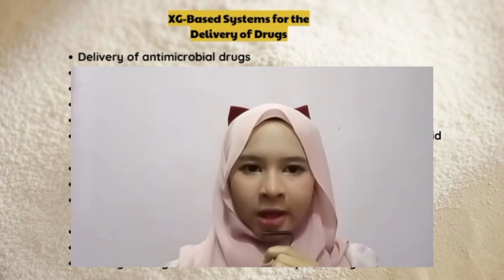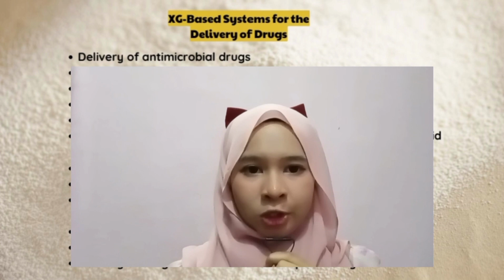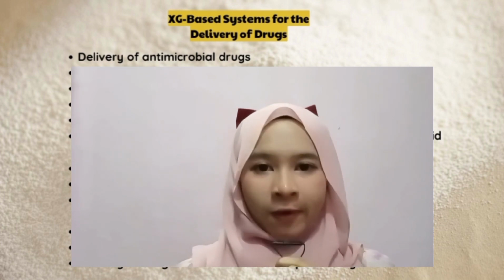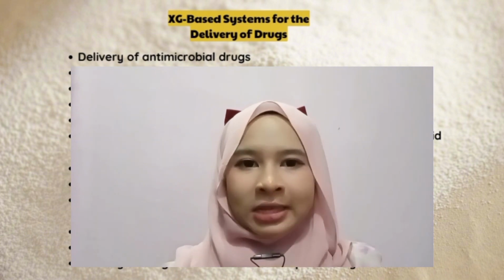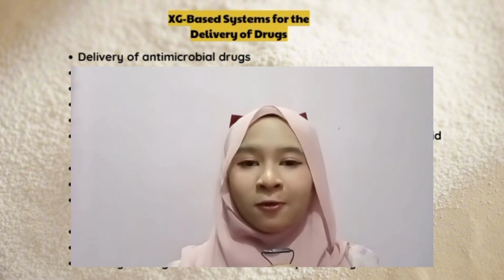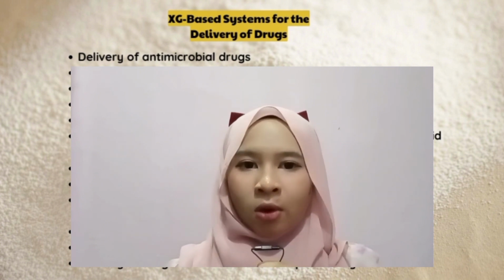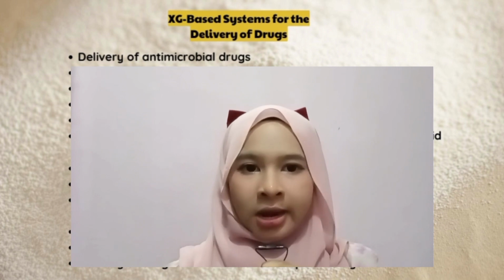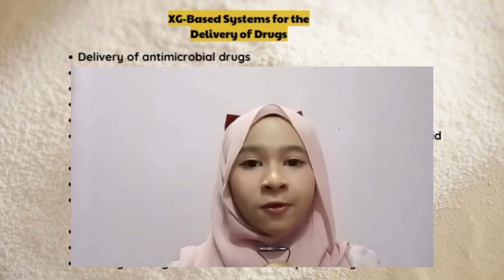Xanthan gum also helps in the formation of different hydrogels, tablets, and mucoadhesive patches for the delivery of antibiotics. To improve the residence time and bioavailability of bacifloxacin, in situ ocular gels were prepared using xanthan gum, sodium alginate, and ethyl cellulose in different ratios.